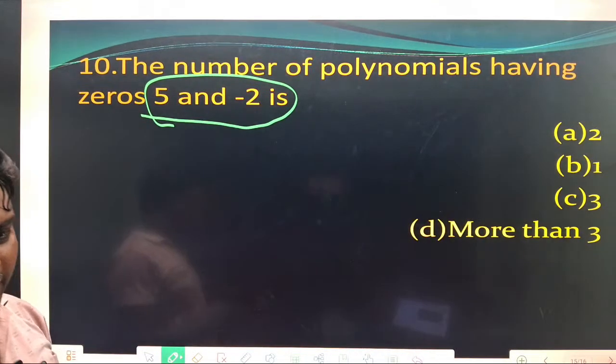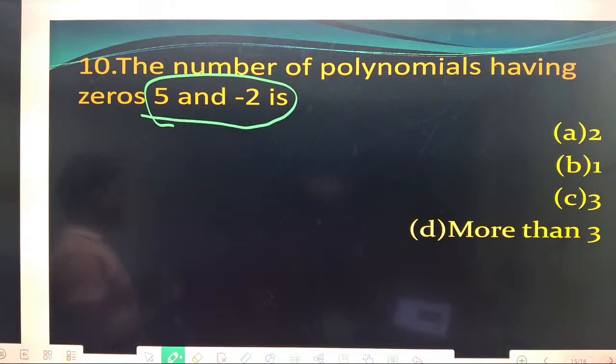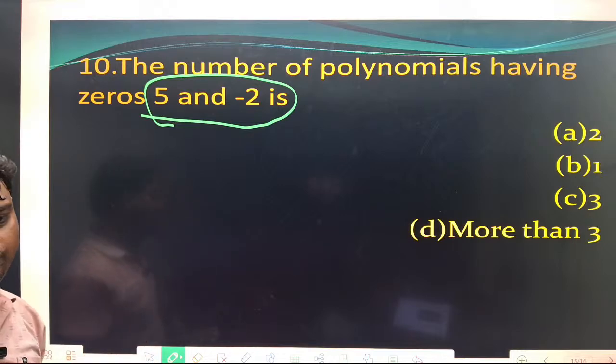Because if any constant value is multiplied to any polynomial, the polynomial changes, but there is no effect on the zeros of the polynomial.